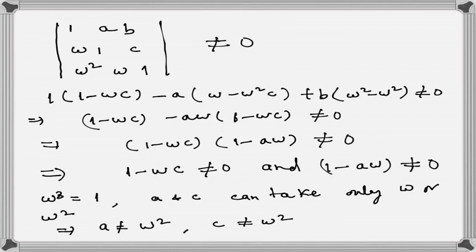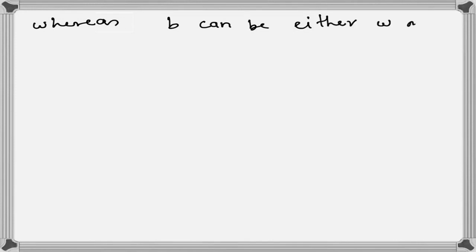So the only possibility is A is W and C is W. Okay, so now what can we say about B? B can be either W or W square.